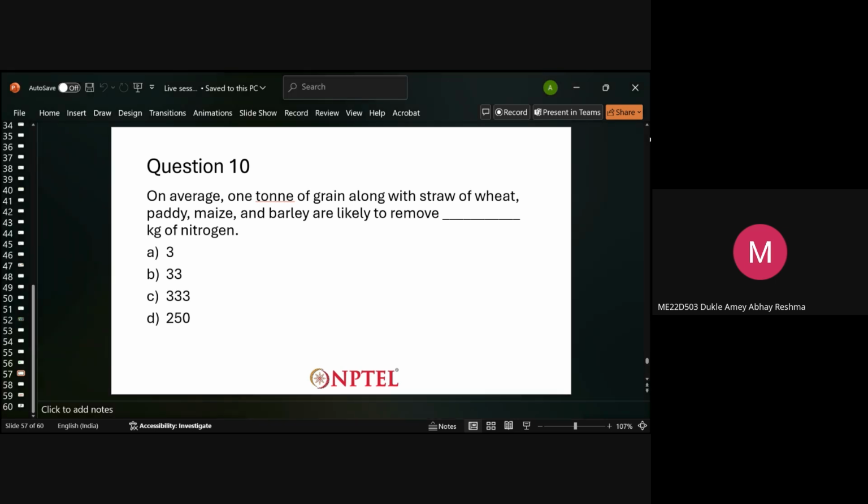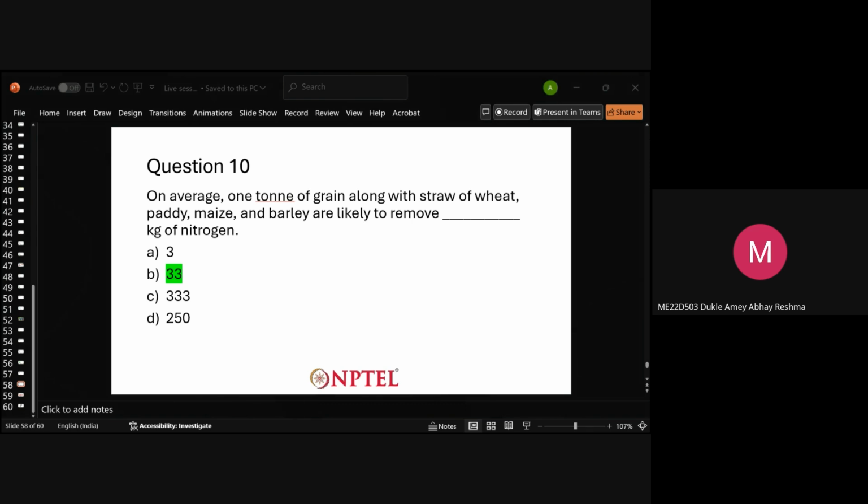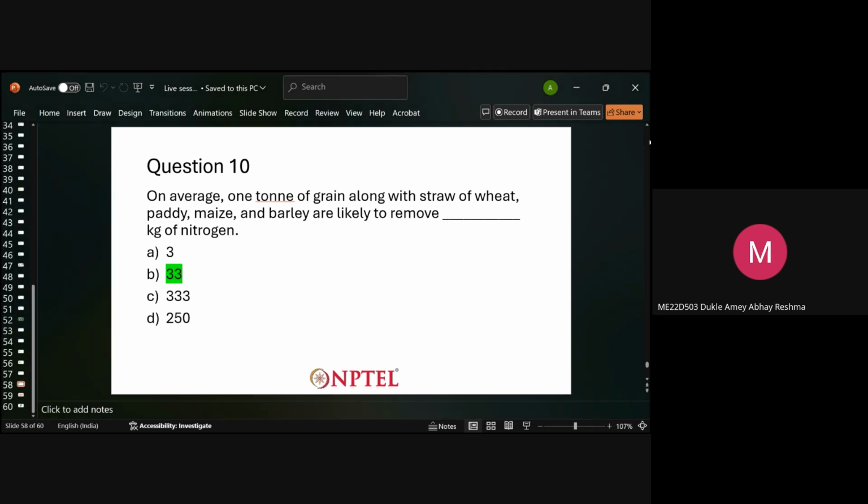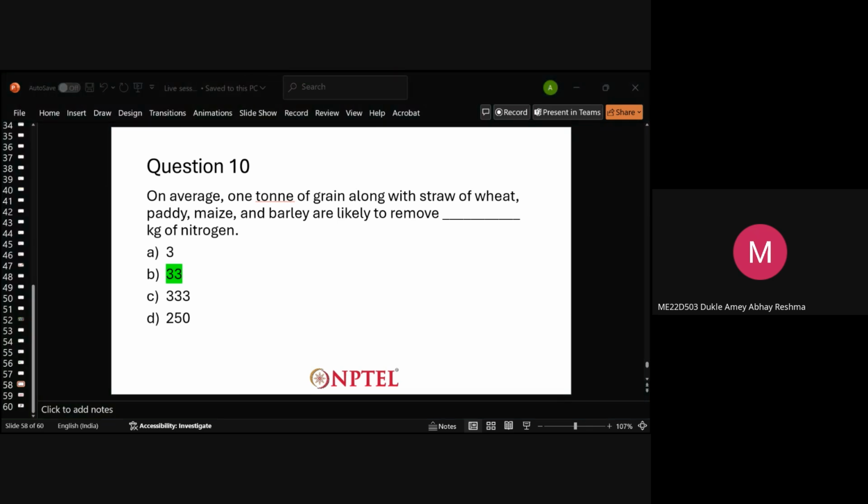So the answer here is 33 kg of nitrogen. So 1 ton of grain along with straw for wheat, paddy, maize, or barley will take 33 kg of nitrogen. That is why you have to supplement the soil with a nitrogen fertilizer. In case of pulses, you don't need a nitrogen fertilizer. So that is how things work. So with this, we have finished the 2 assignments.